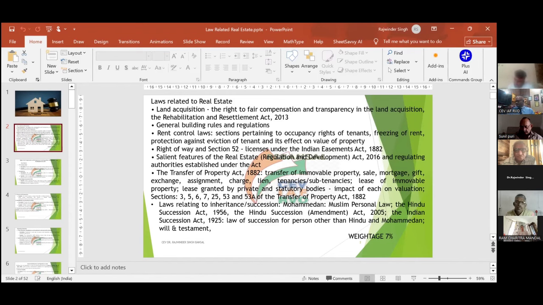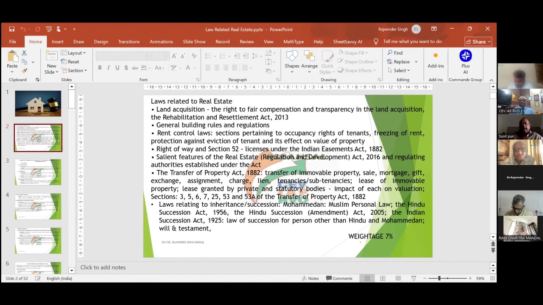And then in the end we have to learn will and testament. So it has a huge weightage of 7%; 7 to 8 questions you will get out of this topic, which is most important for valuers of land and building, but it is equally important for all valuers.